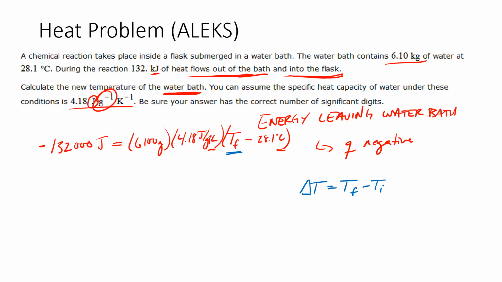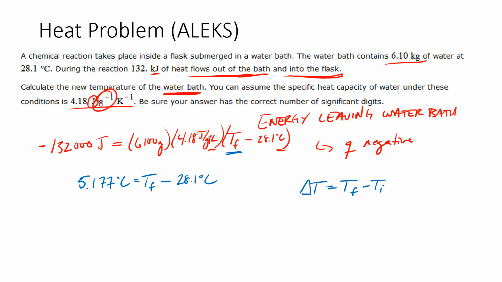I'm going to do sort of an intermediate step. So I get 5.177 degrees C equals TF minus 28.1 degrees C. That's my intermediate step.